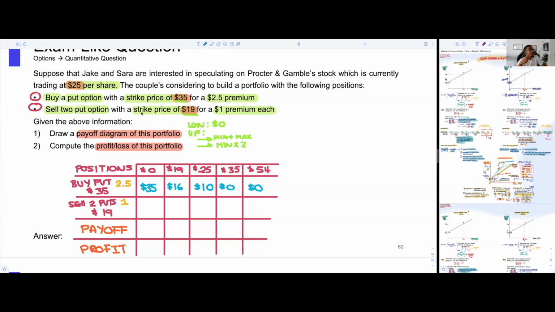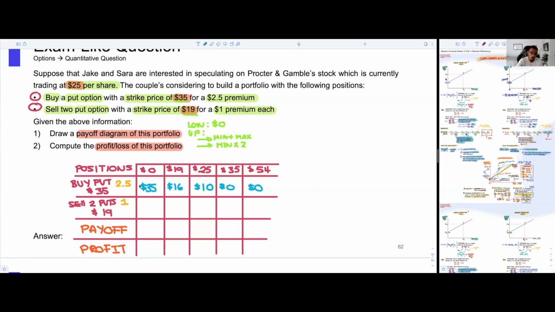But the thing is, we're selling that put. It's no longer ours. We lost the opportunity to make the payoff on that put. And because we lost the opportunity to make that payoff on that put, it's like if we lost the money in our pockets. It's a negative, okay? So we're gonna need to put a minus sign on that amount. So $19 is the value of our put. The value on the market is $0.